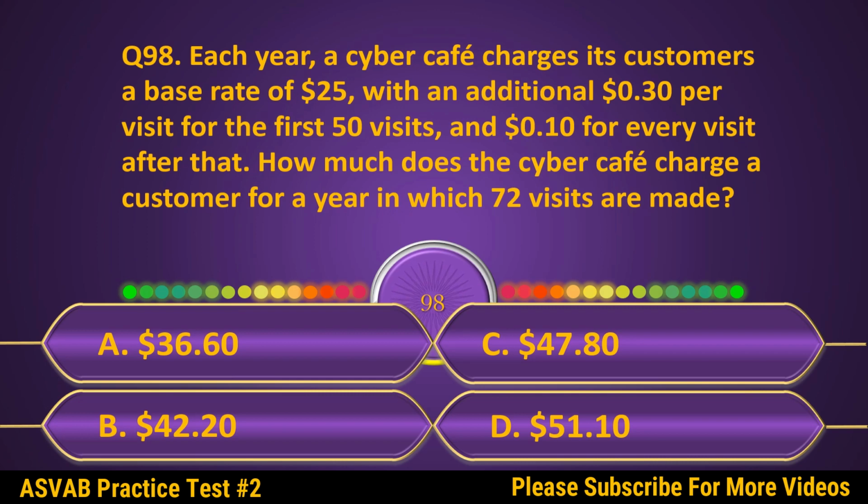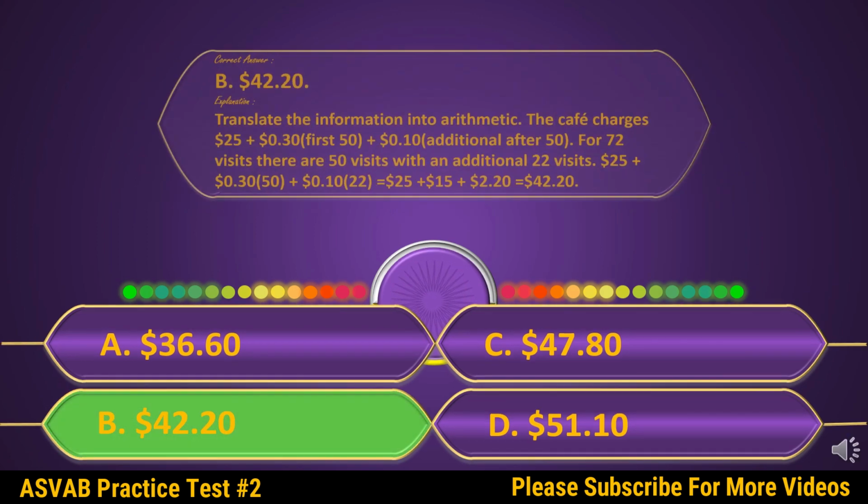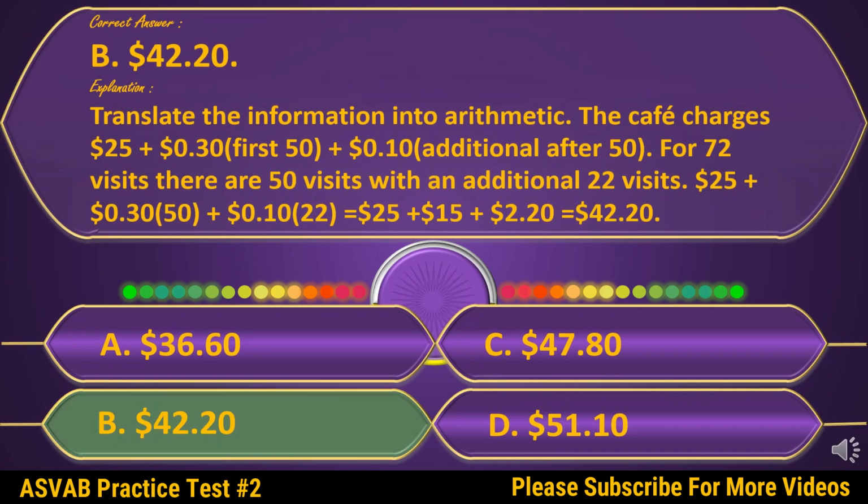And the options are A. $36.60, B. $42.20, C. $47.80, or the option D. $51.10. And the correct answer is option B.